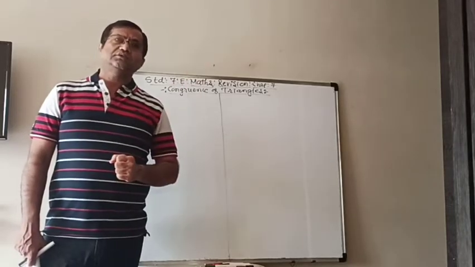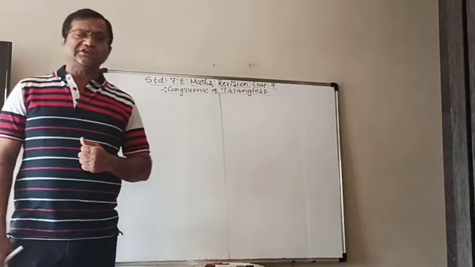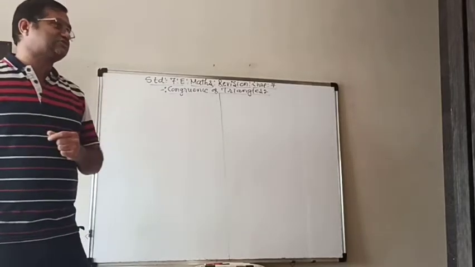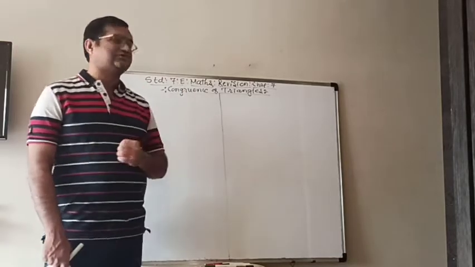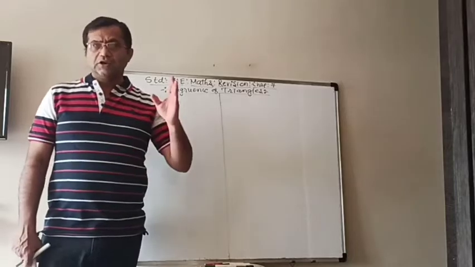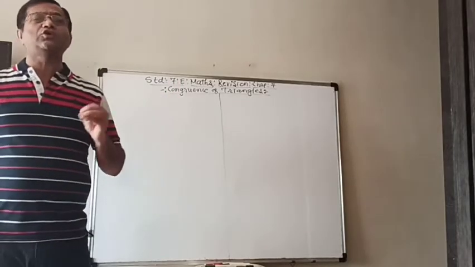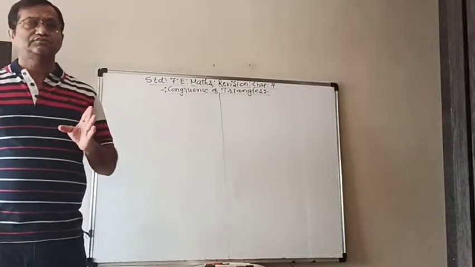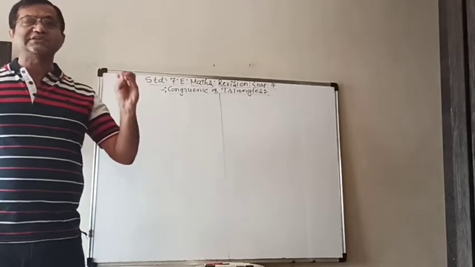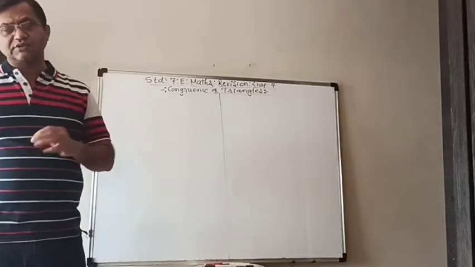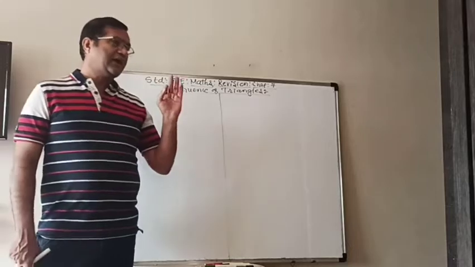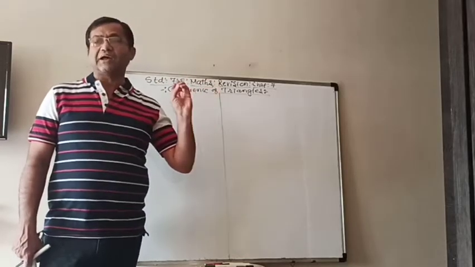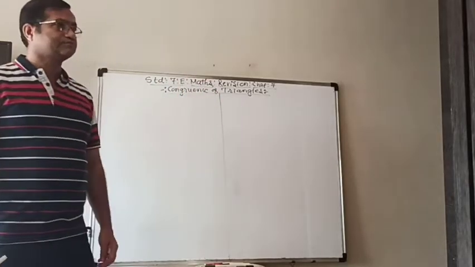When we learned this chapter, we already discussed what is congruence. Two figures are said to be congruent when they are equal in shape and size. Means their size is also equal and their shapes are also equal.